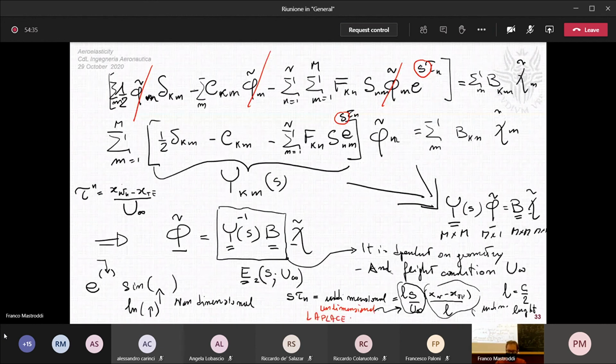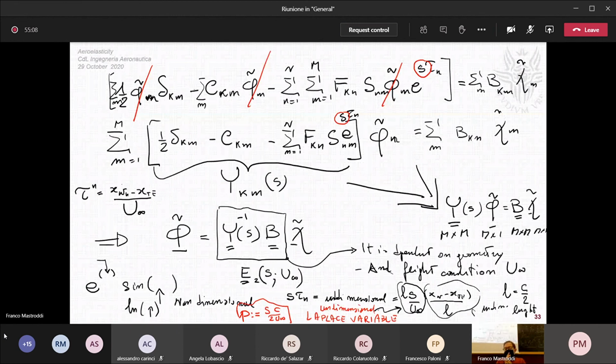Right? This is a nondimensional group. Okay? And please let me define this Laplace variable P, defined by definition equal to S by C by 2 divided by U infinite. Okay?